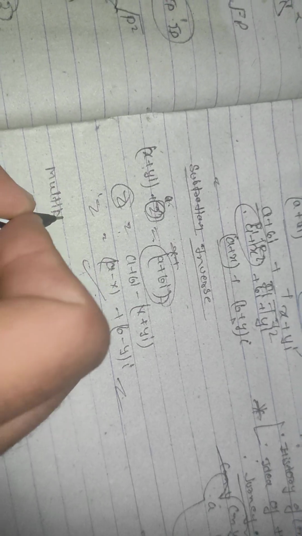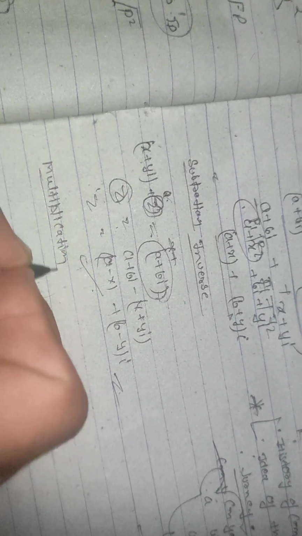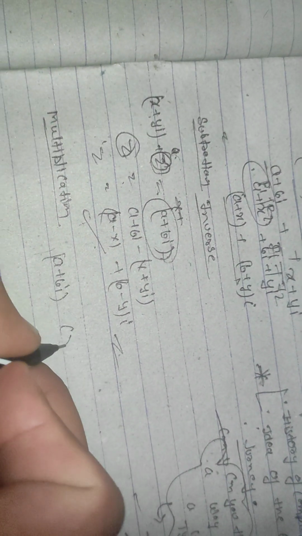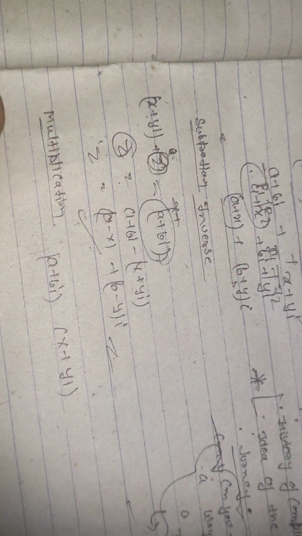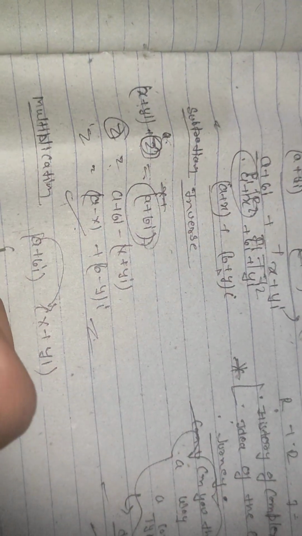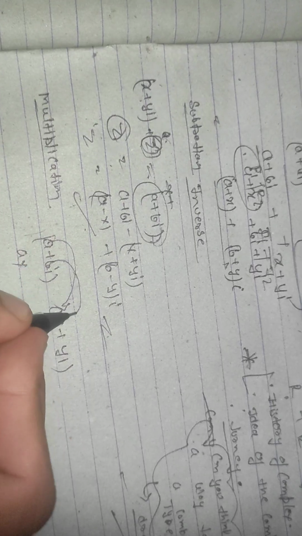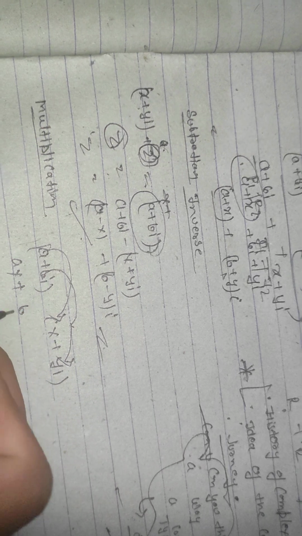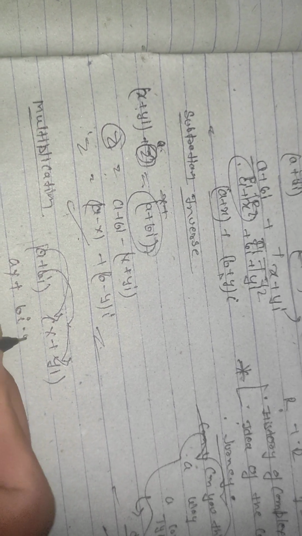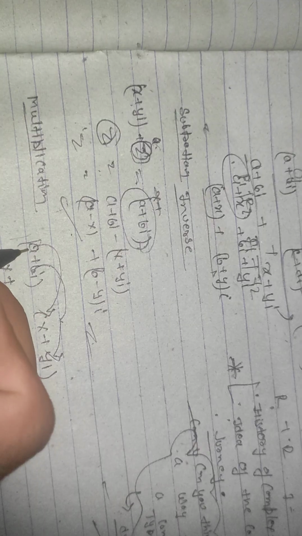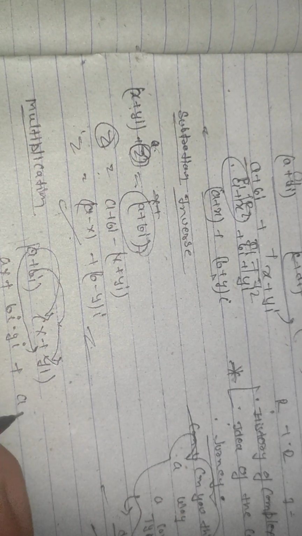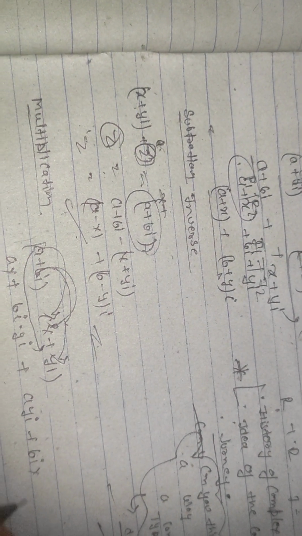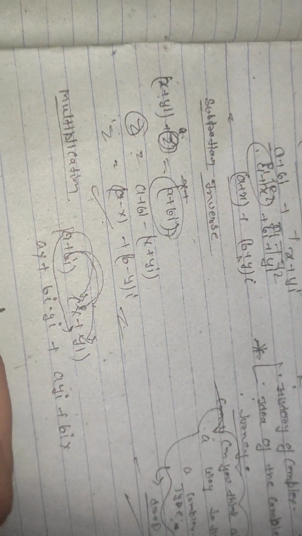And multiplication. The two complex numbers multiplied: a plus bi and x plus yi. First a multiplied by this, and then b multiplied by this. So plus b iota into y iota, then a into y iota, then b into x. This is complicated, but practice makes a man perfect.